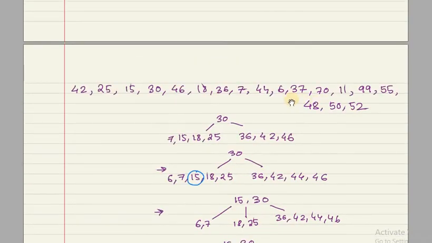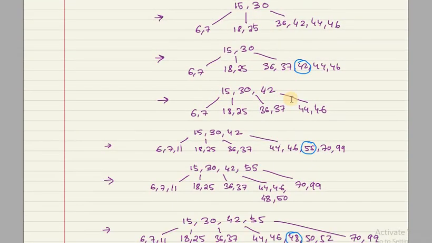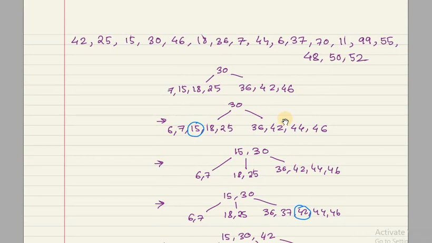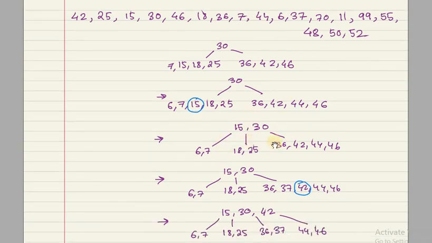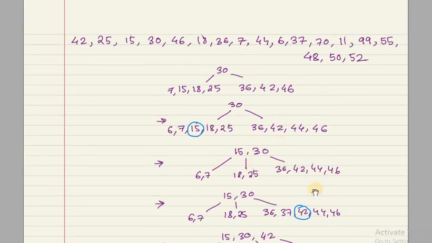Then after 6, we're adding 37, I think. Okay, where were we? We were here, right? Then we have added 37, so 37 has been added here. Then we add 70.